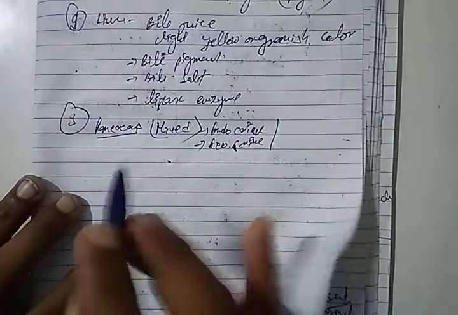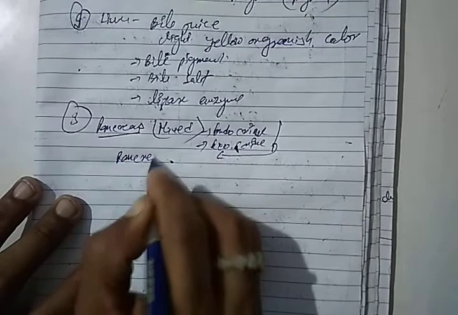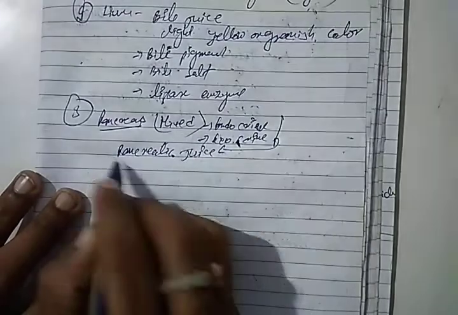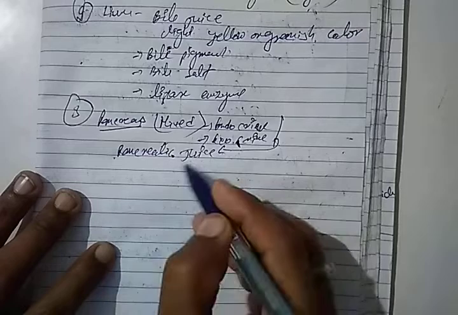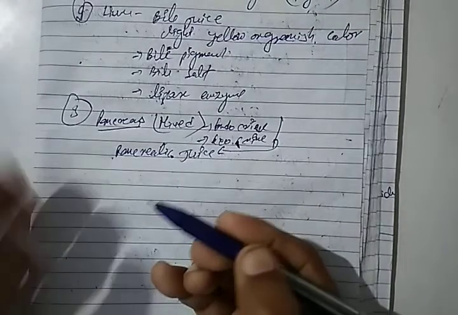The exocrine secretion is called pancreatic juice. It contains various types of enzymes which we will study further.